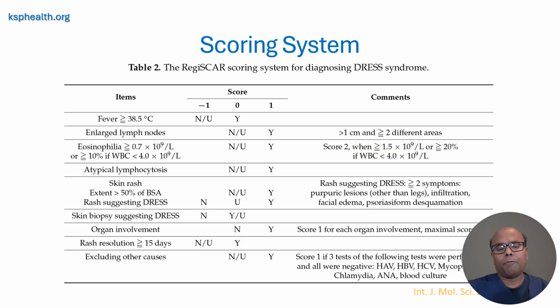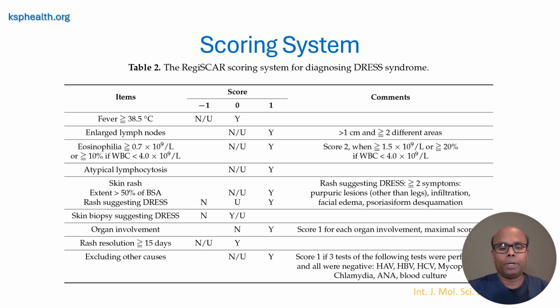On exam, they will have a fever of 38 and above, enlarged lymph nodes, and eosinophilia. That is a distinguishing feature of this syndrome versus other rashes, which we discussed. Atypical lymphocytosis, and skin rash often affects more than 50% of the body surface area. Skin biopsy suggests DRESS syndrome, and you may see other organ involvement.